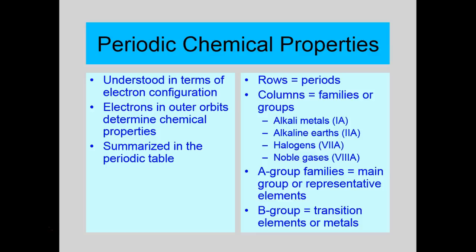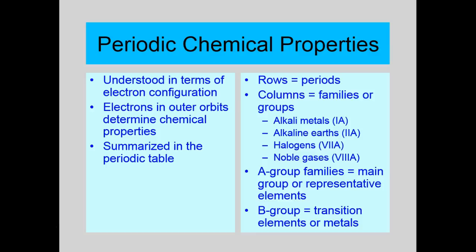The electrons in the outer orbits are the ones that determine the chemical properties. Those that are buried on the inside don't get exchanged, they don't get shared. It's only those outer electrons. Whatever electrons are in the very outermost shells, they're the ones that determine the chemical properties. And this whole concept is summarized in the periodic table.